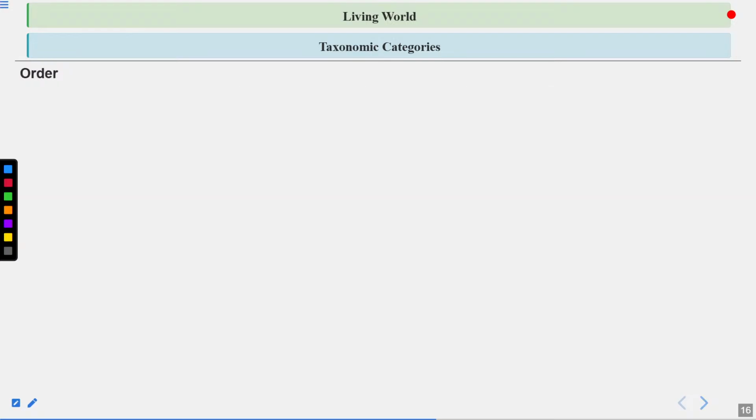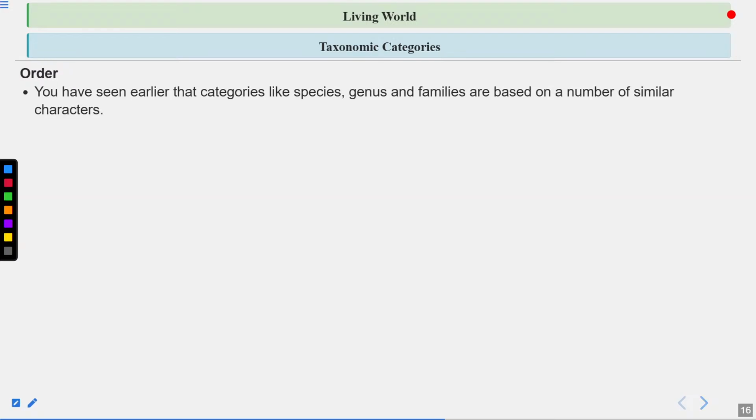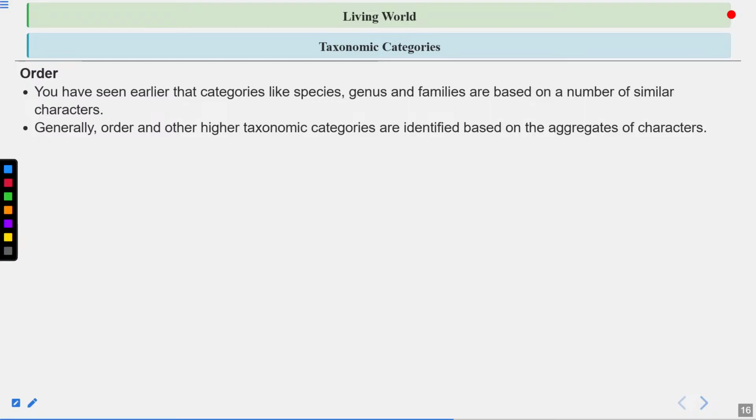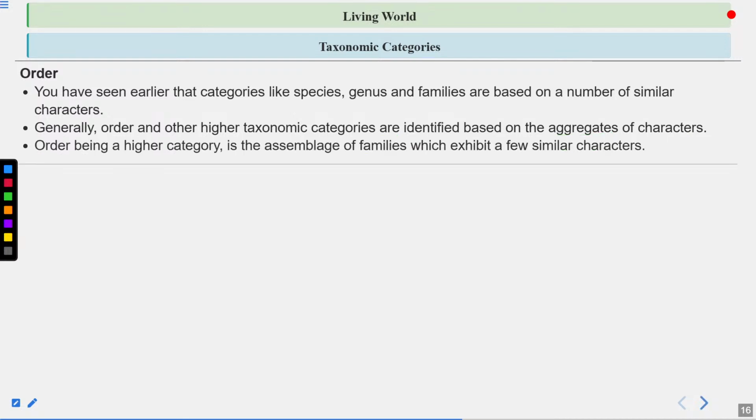Let's talk about the order. You have seen earlier that categories like species, genus, and family are based on the number of similar characteristics. Generally, order and other higher taxonomic categories are identified based on aggregates of characters. Now, order, being a higher category, is an assemblage of families which exhibit a few similar characteristics. So what is order?